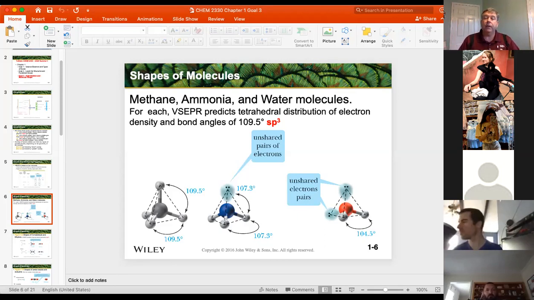So if your central atom is sp3 hybridized, the electrons will be tetrahedral, but the bonds control the shape of the molecule. So in the case of carbon here, we have 4 bonds, it's tetrahedral. Nitrogen, 3 bonds plus a lone pair, pyramidal. Water, still sp3 hybridized, but it only has 2 bonds. So molecularly it's bent, but electronically it's tetrahedral.